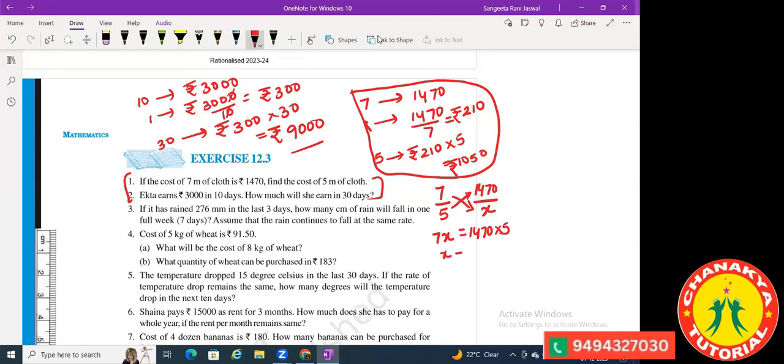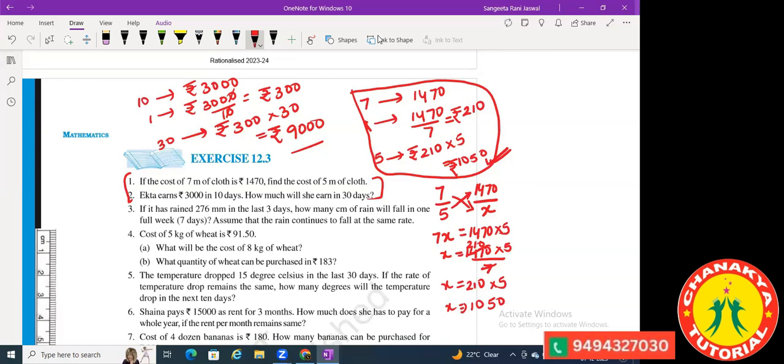I get x; 7 will go to the other side and become divide. 7 ones are 7, 7 twos are 14, 7 ones are 7 and 0. So I'm left with 210 multiplied by 5. This will give me the value of x. When I multiply this, I get 1050.